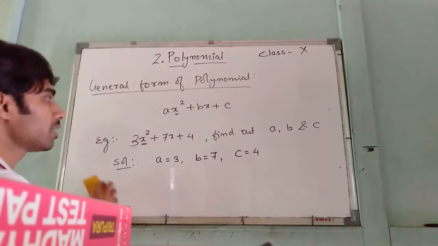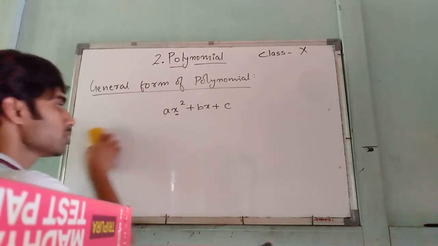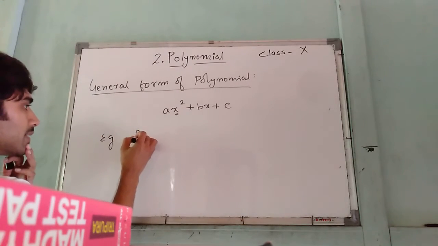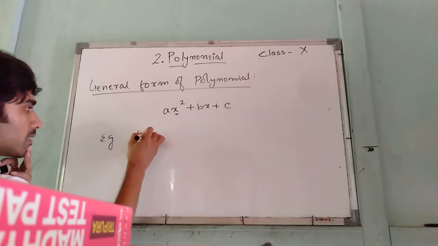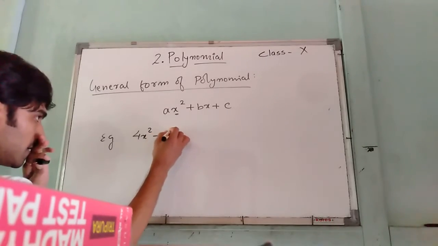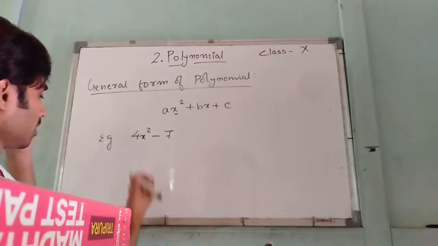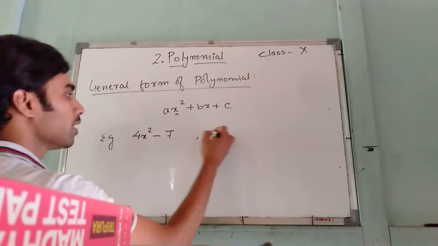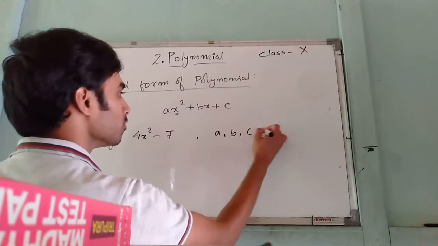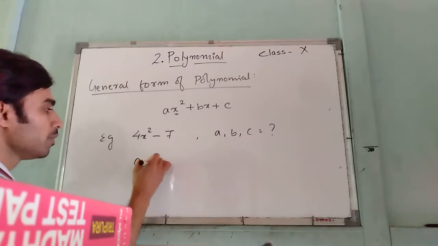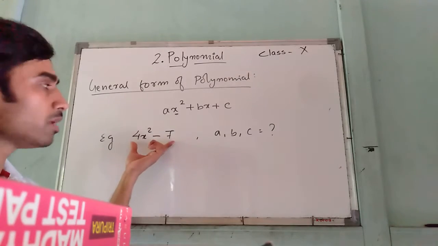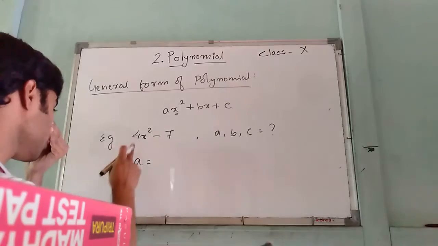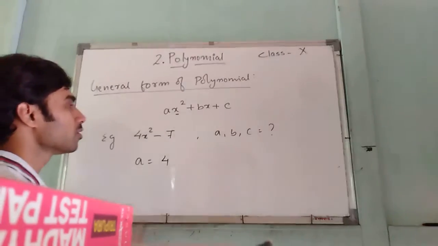Okay, now let's take another example. Suppose I write 4x square minus 7. What is the value of again a, b and c? You have to find out a, b and c. Go on comparing this polynomial with the general form. In place of a, the number present here is 4. So the value of a is 4.